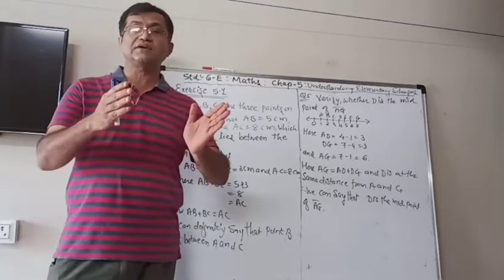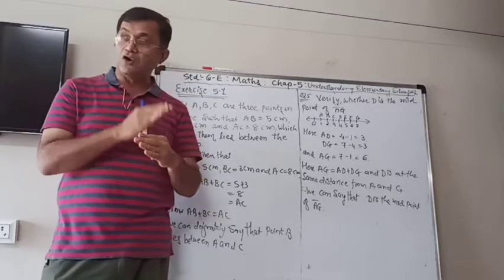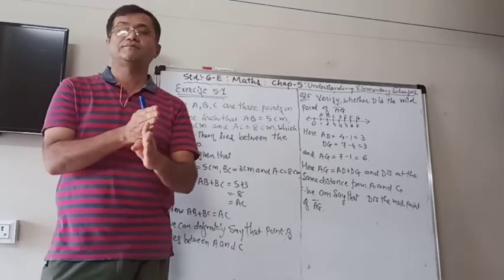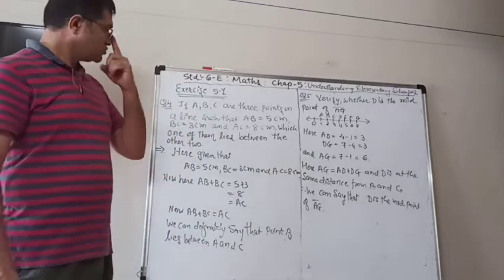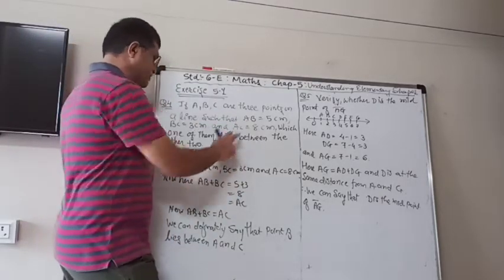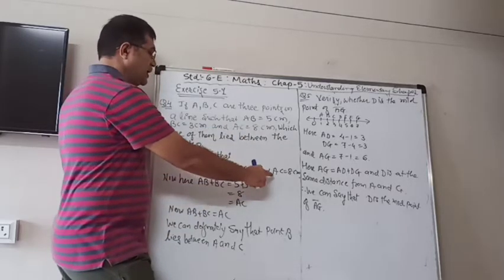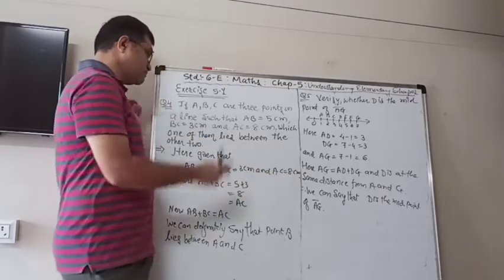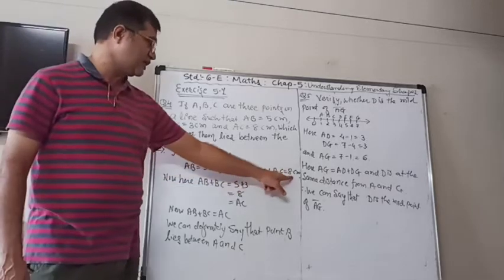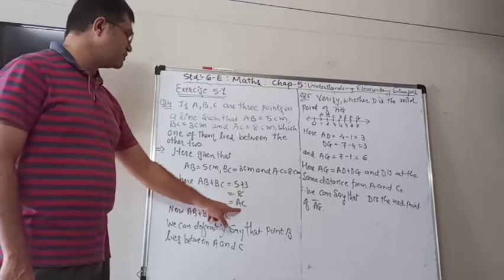So we don't know which point, either A or B or C, which one of them is in the middle of the other two. So what will we do? We will find the distances and then add them. Distances are given, AB is equal to 5 centimeter, BC is equal to 3 centimeter and AC is equal to 8 centimeter. Now you observe, then you will see that 5 plus 3 becomes 8. It means that AB plus BC becomes AC.